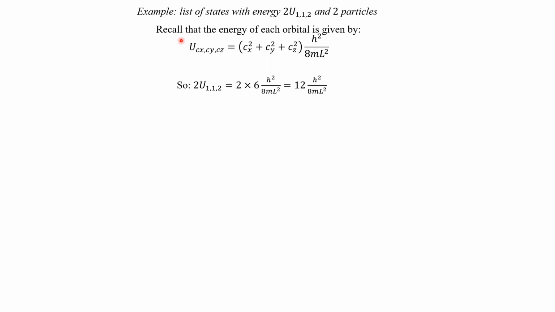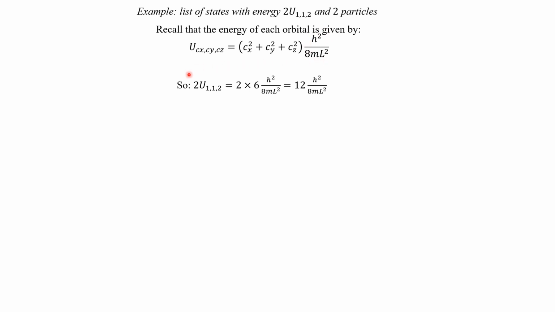So recall that the energy of each orbital is given by this expression, so it depends on the sum of the squares of the natural numbers indexing the orbital. So the orbital 112 will have energy equal to 1 plus 1 plus 4, so 6, times this term, which is fixed when we have fixed the dimension of the box.